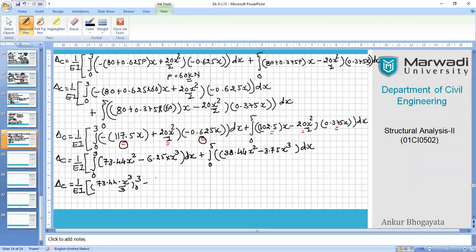So be watchful. 6.25 into x raised to 4 by 4, limit 0 to 3, plus 38.44 into x cubed divided by 3, limit 0 to 5, minus 3.75 x raised to 4 by 4, limit 0 to 5, bracket completes.